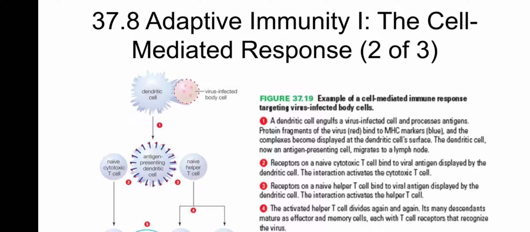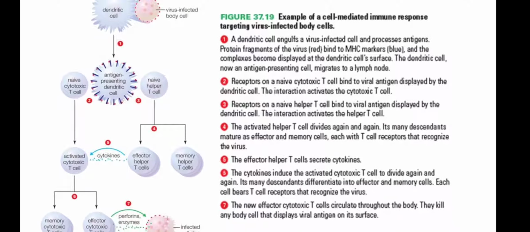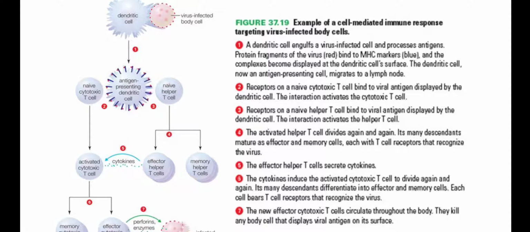So your dendritic cell will then engulf the suspected virus-infected body cell, and then the receptors on the naive cytotoxic T cell bind to the viral antigen displayed by the dendritic cells.